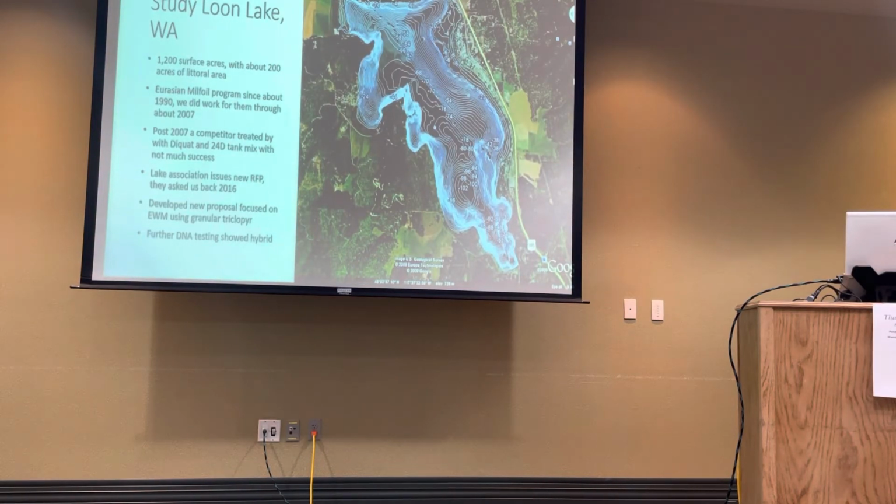So the next project I'll talk about is the first project we were able to do in Washington State. This was right after it was approved. And we did a hybrid milfoil study on Loon Lake. Loon Lake is a nice 1,200 acre lake north of Spokane, about a 30-40 minute drive. They've had a Eurasian water milfoil program there through about 1990, and we worked with them about 2007.